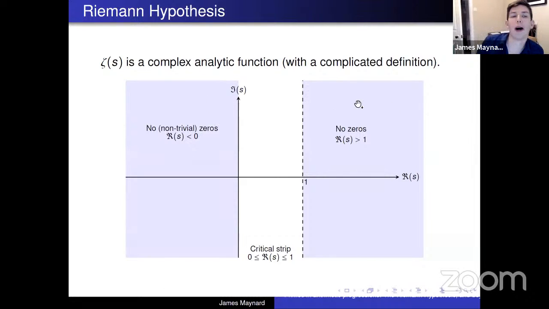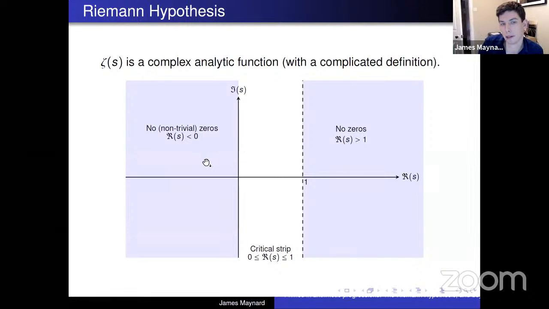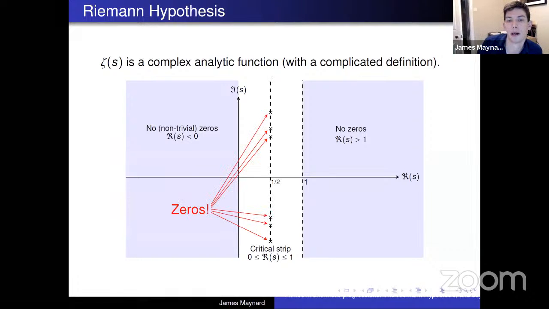So where we were was that there's this function, the zeta function, that's very important from a number theoretic point of view. We essentially understand it in this region that I've shaded in blue, when the real part of s is bigger than 1, or when the real part of s is smaller than 0. But the zeta function remains very poorly understood in this so-called critical strip when the real part of s is between 0 and 1. And the Riemann hypothesis is about where the zeros of this function are.